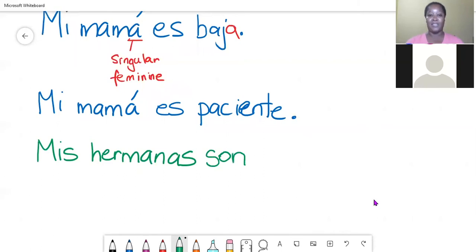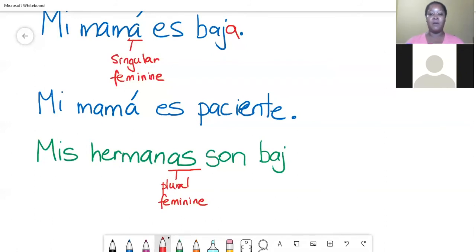Now we have our adjective up here, baja. Now baja is singular and feminine, but down here, our noun is hermanas, which is plural and feminine. So we're going to make baja plural and feminine to match our noun that is plural and feminine.